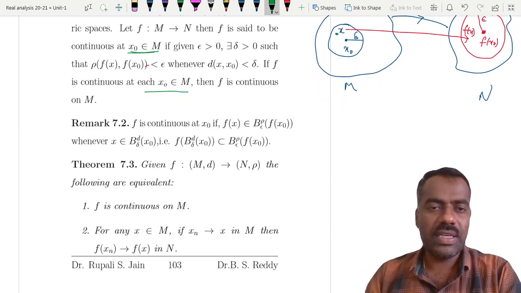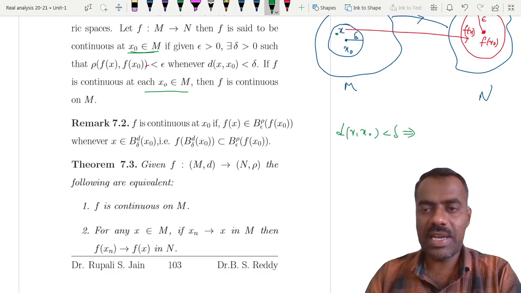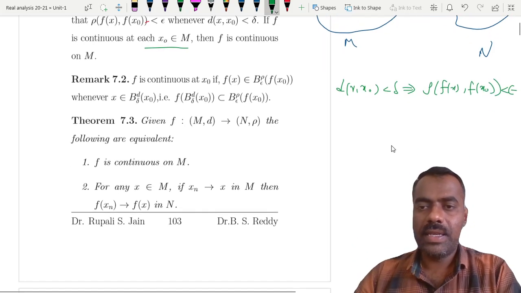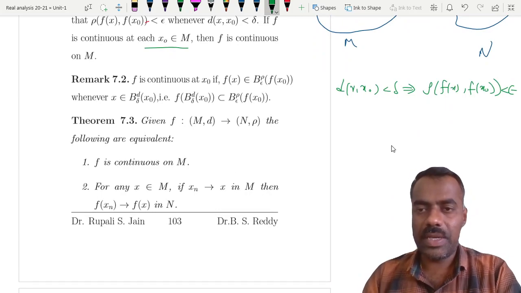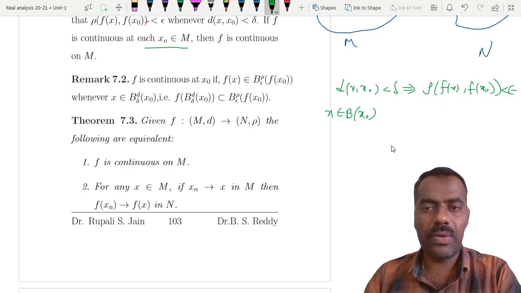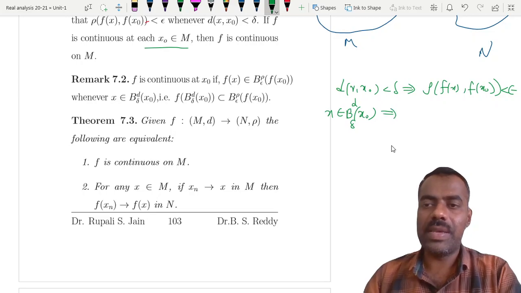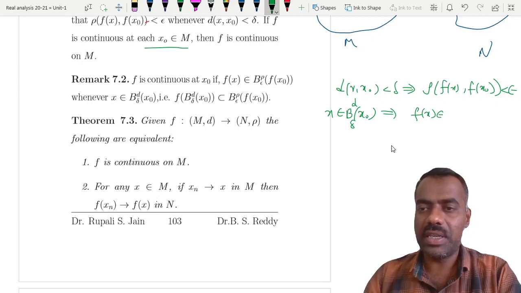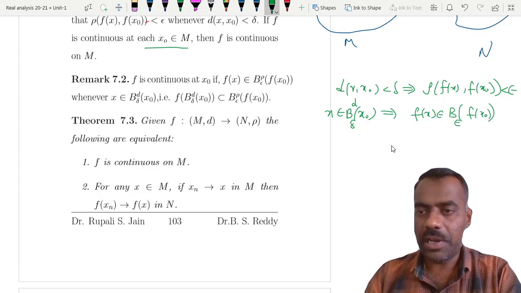So f is said to be continuous at x naught if d of x comma x naught is less than delta implies rho of f(x), f(x naught) is less than epsilon, right? This is the same as saying, as I explained here, that x belongs to the ball around x naught. This is the same as saying that f of x is in the ball around f of x naught of epsilon radius.